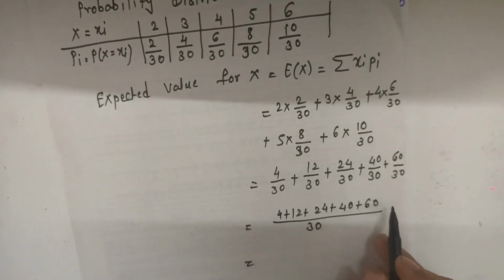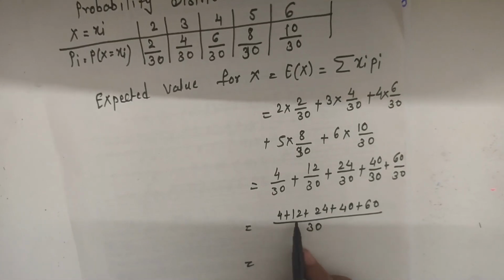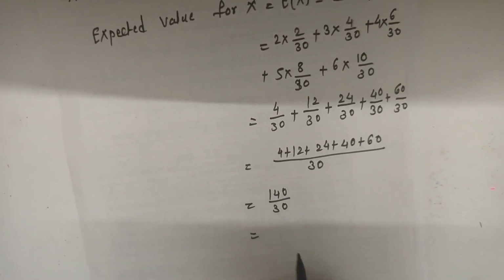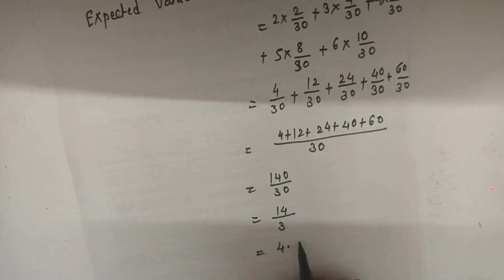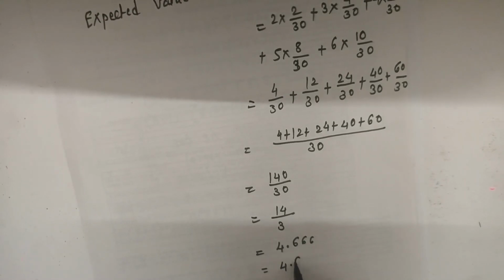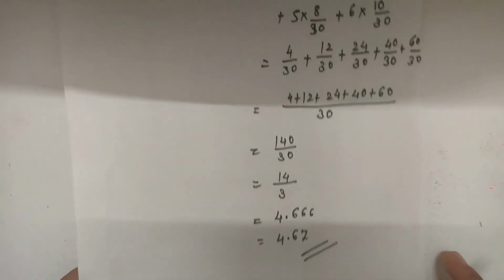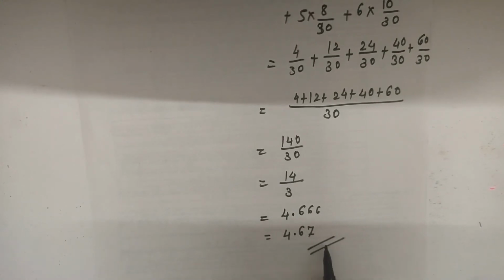Adding all these terms, 140 upon 30. The shortest form of 140 by 30 is 14 by 3 and the decimal form is 4.666, which can be written as 4.67. So the expected value for the given random experiment, E(x), is equal to 4.67.